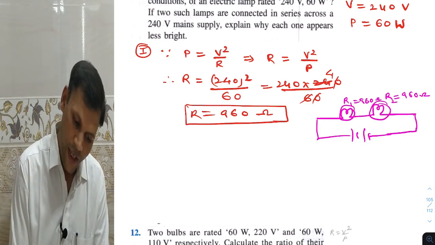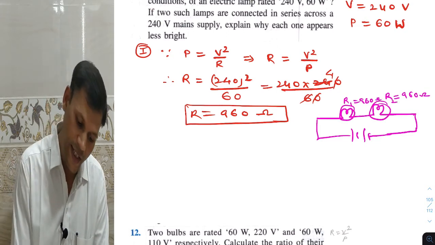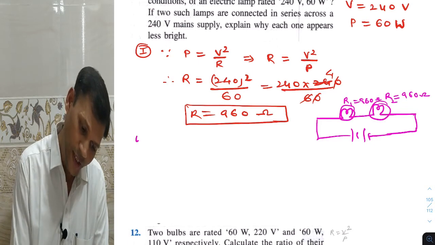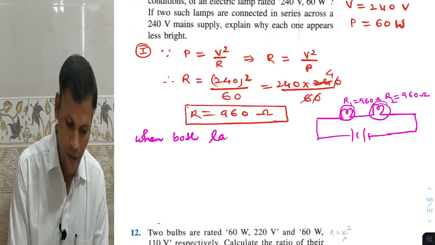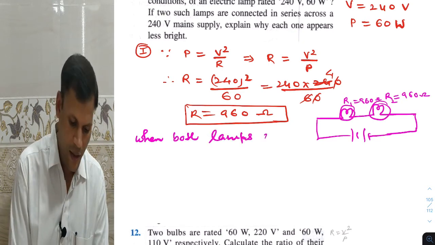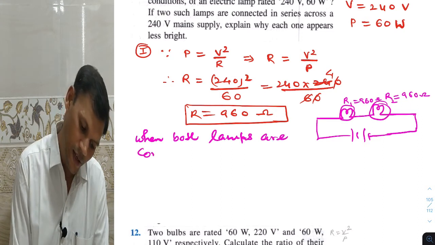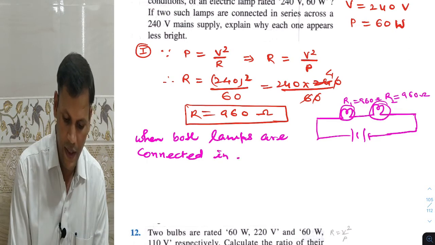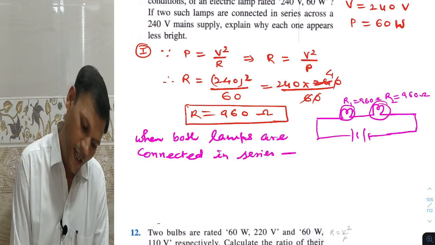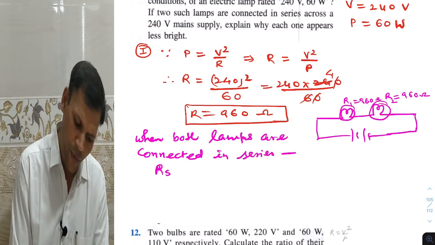So when both lamps are connected in series, RS we know will be R1 plus R2.